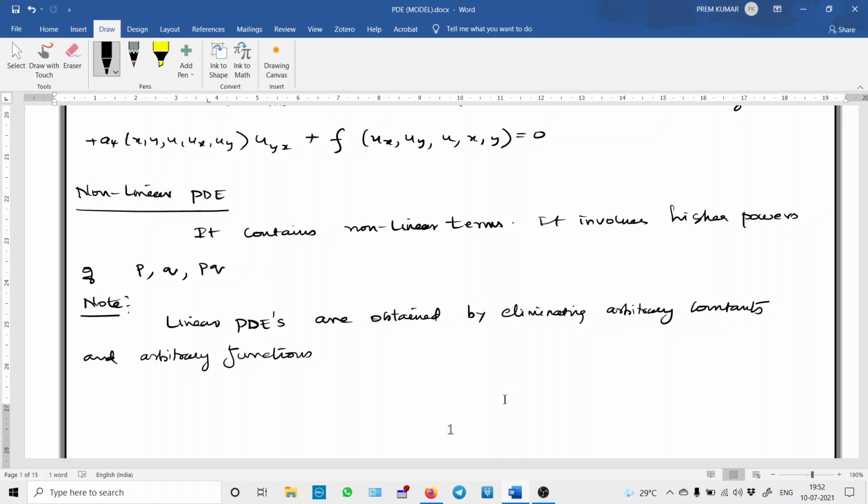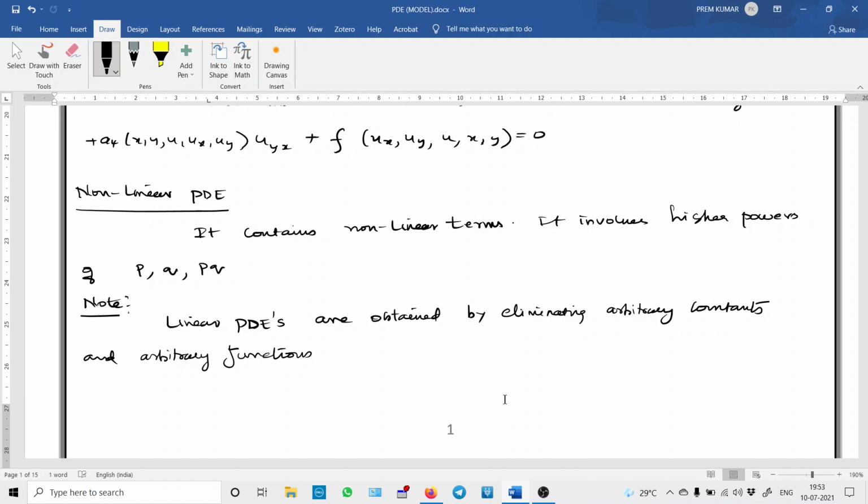And what is a solution of a partial differential equation? A solution, or they use the word integral, both are the same. A solution or integral of a partial differential equation is a relation between the dependent and the independent variables that satisfies the differential equation. So this is a simple definition of a solution or an integral of a differential equation. It will be noted that two types of solutions may occur for the same equation.